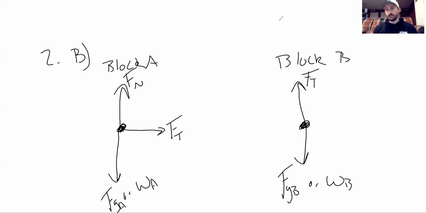I'll erase that. Hopefully you write that down because we're going to come back to it here in a second. It's pretty easy though to remember. So what is this? 2C. So now it says derive an equation for the acceleration of the blocks after release in terms of MA, MB, and physical constants as appropriate. If you need to draw anything other than what you've shown in Part B to assist in your solution, use the space below.